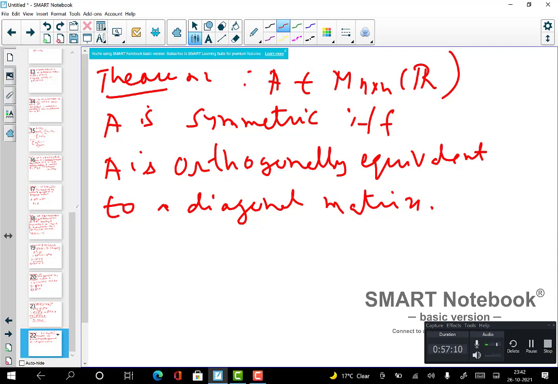So the same proof will go through here also in the case of a real symmetric matrix. Okay, so maybe I will stop here, and this actually gives us the motivation towards orthogonal and unitary operators quite well. Okay, so I'll stop here.